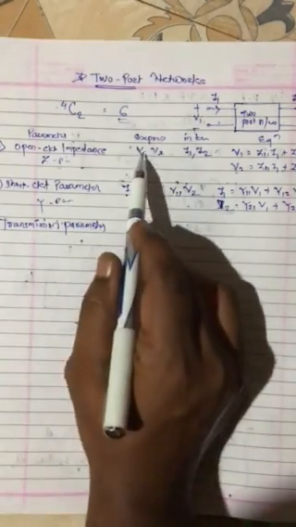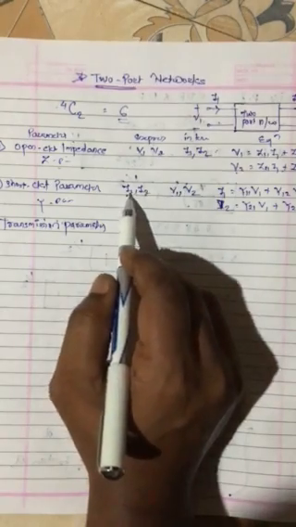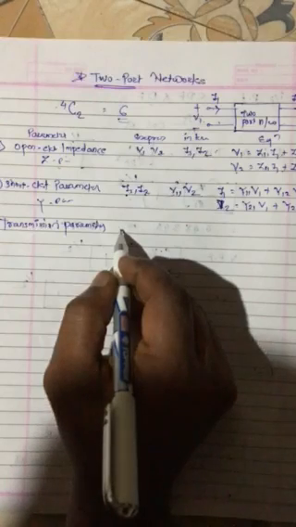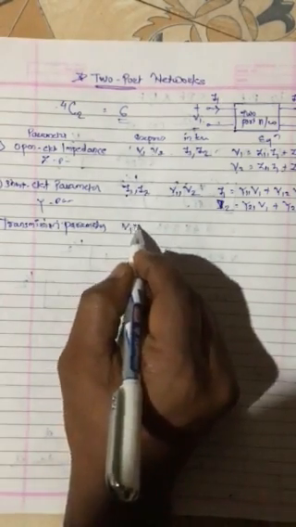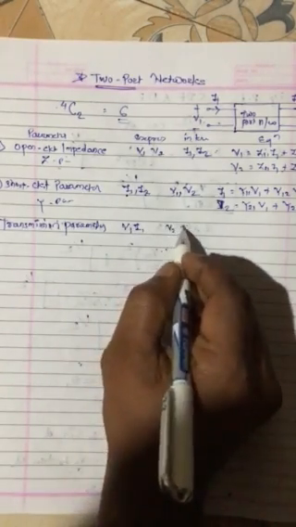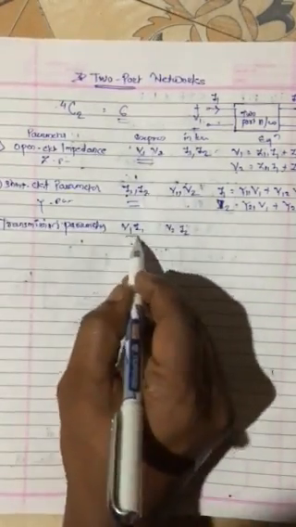In the Z parameter, V1 and V2 were expressed in terms of I1 and I2. In the Y parameter, I1 and I2 are expressed in terms of V1 and V2. And in the transmission parameter, which is also called the ABCD parameter, it is a combination: voltage and current V1 and I1 in terms of V2 and I2. Here, both voltages were there, both currents were there.